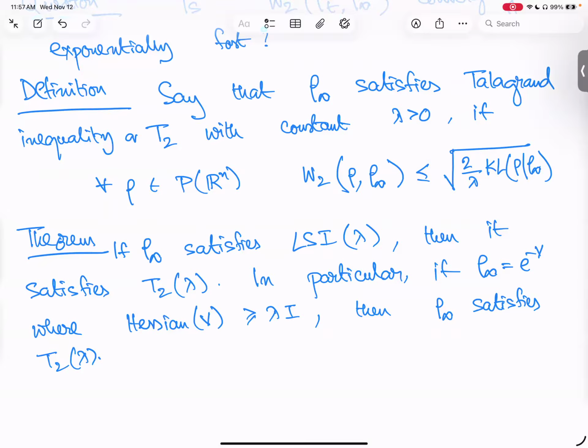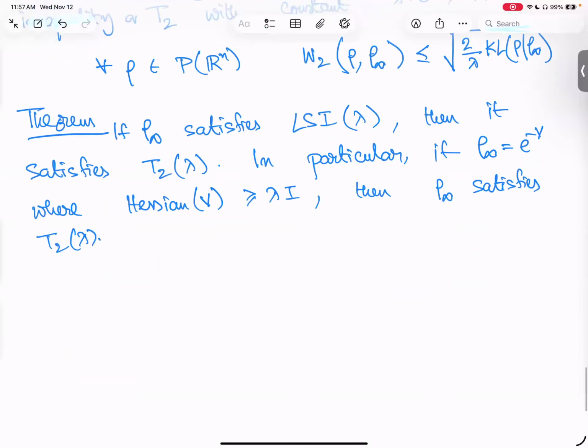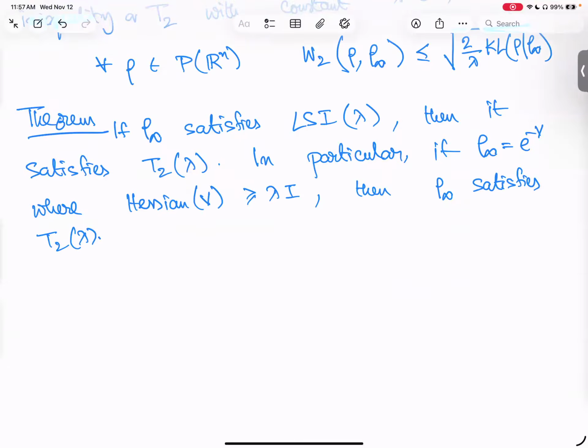One of the reasons why Talagrand's inequality is popular is because of its relationship with a phenomenon called concentration of measure. So let me write down this beautiful argument by Marton, Marton's argument, and see why this inequality is so particularly important. So here's an aside.